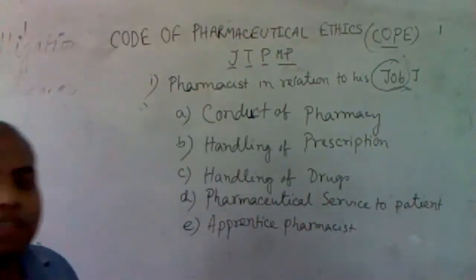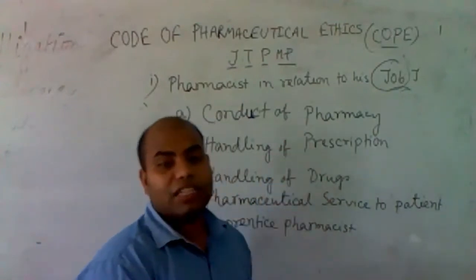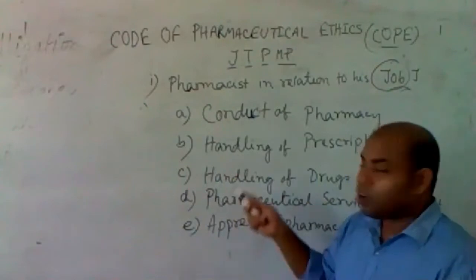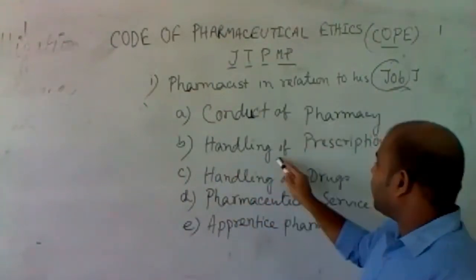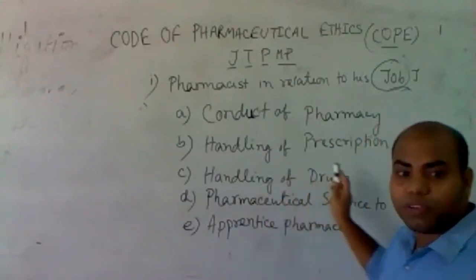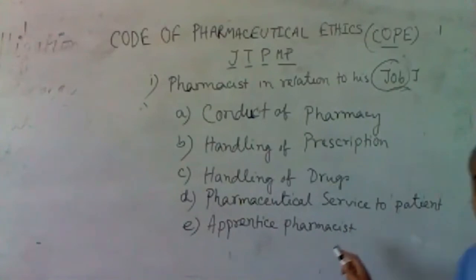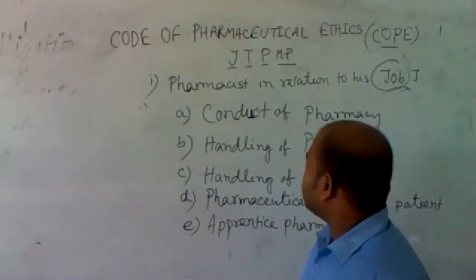So we have some certain responsibility towards the job, and the responsibility towards job has been divided under this classification. That is conduct of pharmacy, handling of prescription, handling of drugs, pharmaceutical service towards the patient, and the apprentice pharmacist. So let us discuss one by one.